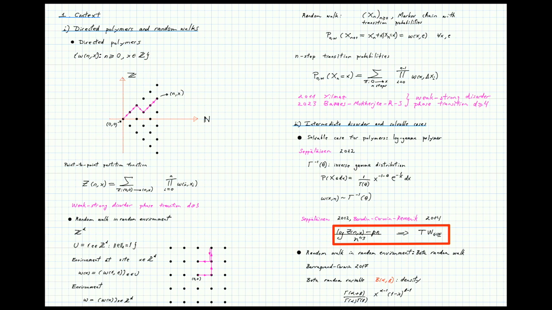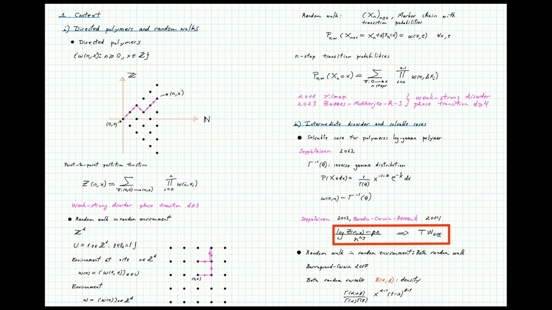Then a model which was a very important motivation, I would say, especially for me in this work, is the random walk in random environment model. I think this model is not so different in the end from the polymer model, maybe not directed, but let's look at this picture here.